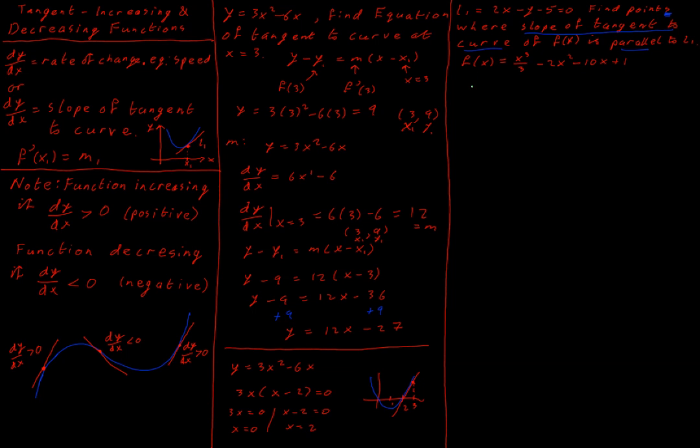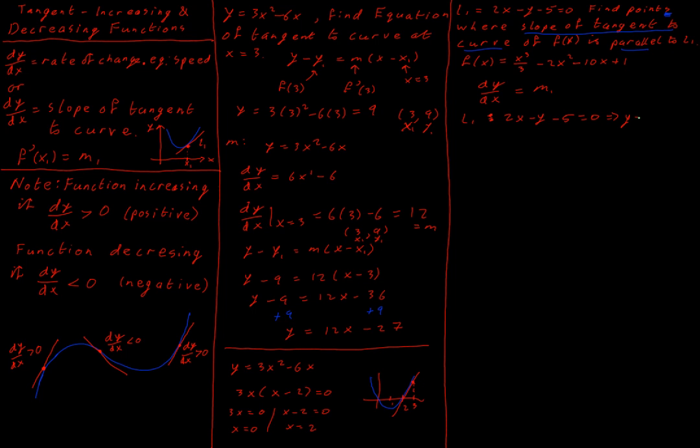So to do that, I need to know, when is dy dx equal to m1, where m1 is the slope of my line here. So I need to know the slope of L1. L1 is 2x minus y minus 5 is equal to 0.